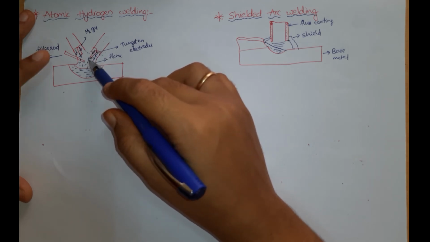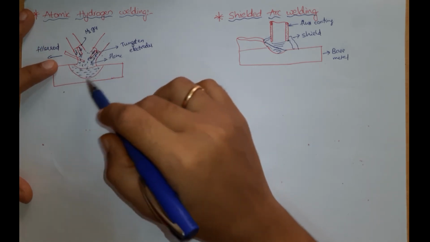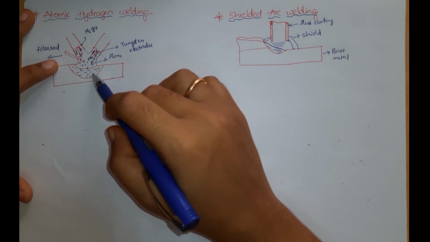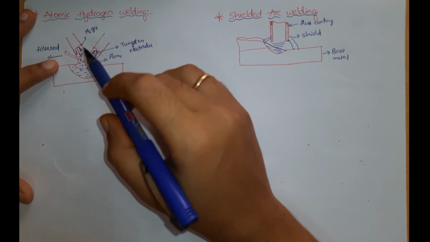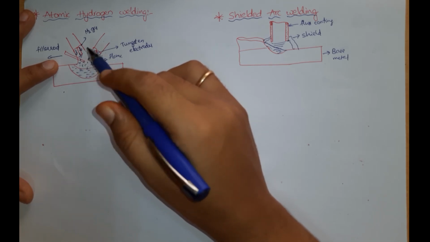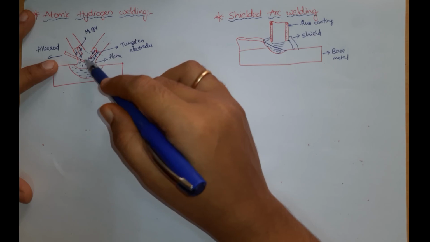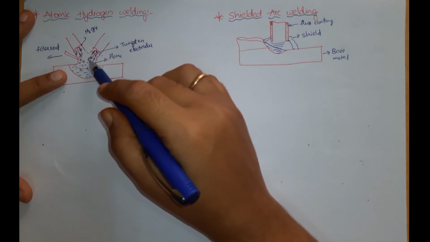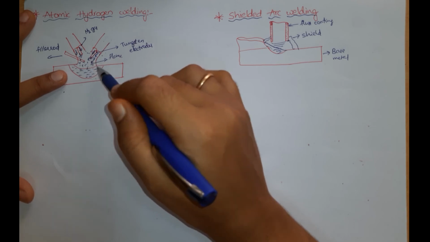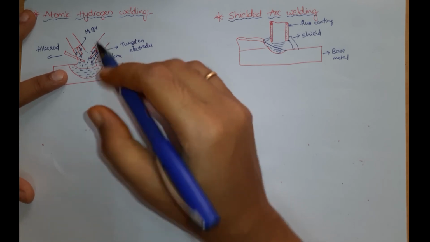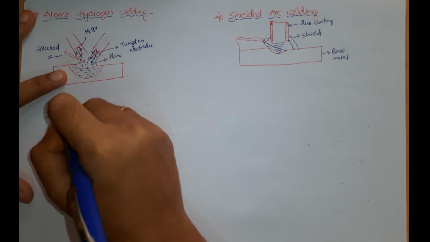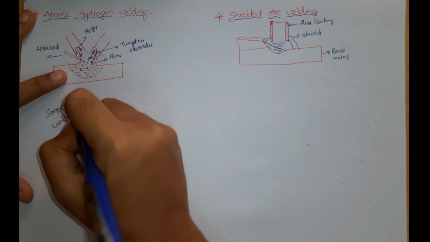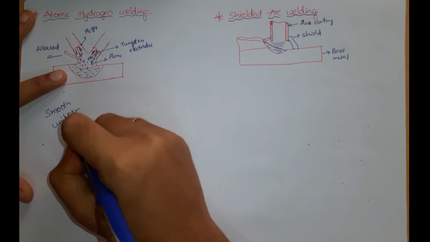These atoms, when they come into contact with the cold base material, the base metal on which the welding is going to take place, form molecules again and a large amount of heat is developed, which is used for making fusion welds. This process is capable of producing very smooth, uniform and strong welds.